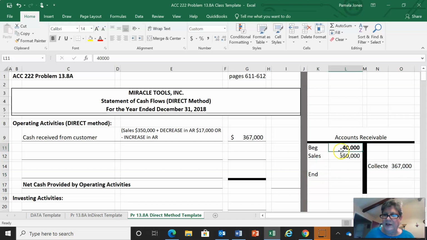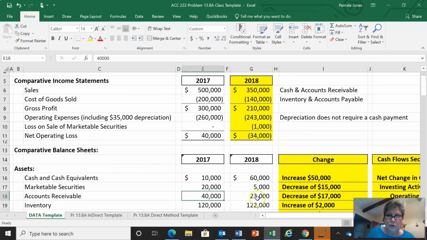We got $40,000 beginning plus $350,000, that's $390,000, minus $367,000, that yields an ending balance of $23,000. Let's look back at our data. Sure enough, ending accounts receivable was $23,000.